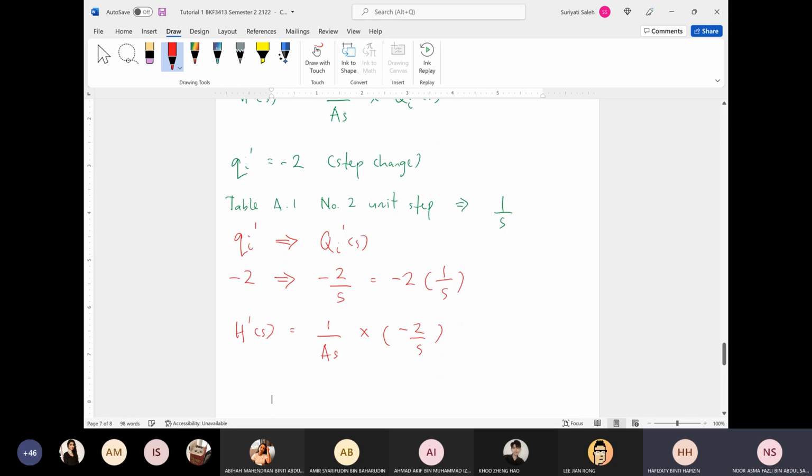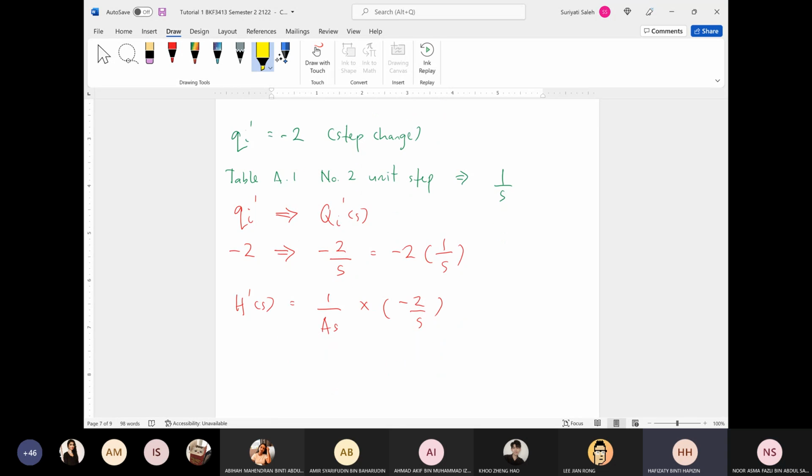Now the problem is the area. We don't know the value of the area. Since this involves water, a liquid storage system, normally the area is based on the cylinder shape, where A equals pi multiplied with r square if you use the radius, or pi d square over 4 if we have the information in the form of diameter.